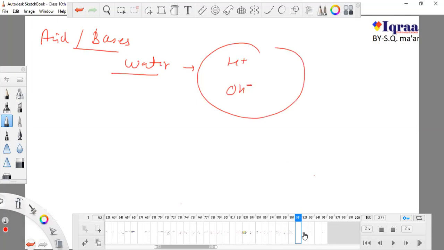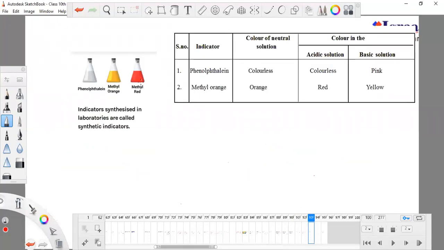Okay, now I'm moving to another point. This is a very simple point: how a base reacts with two solutions, phenolphthalein and methyl orange. Both of them are synthetic indicators; we have studied in our previous classes that they are man-made. When a base comes in contact with phenolphthalein, it makes a pink color.